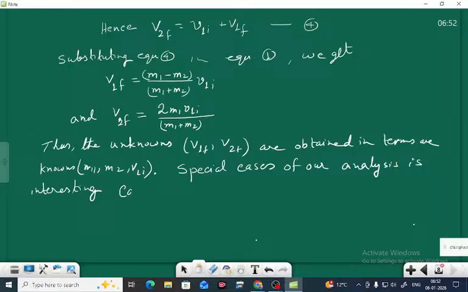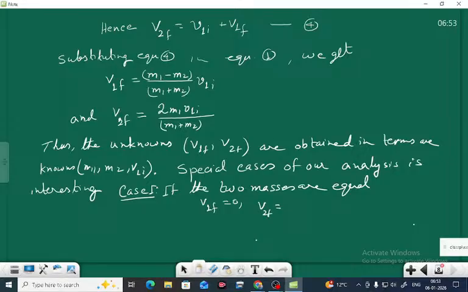Case 1: if the two masses are equal, that is v1 final equal to 0 and v2 final is equal to v1 initial, right?